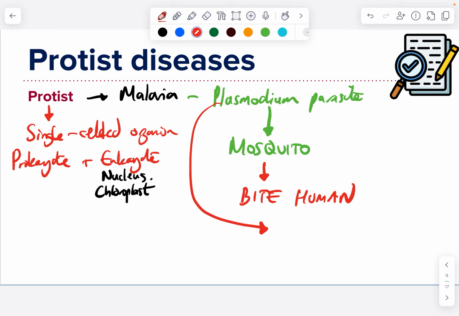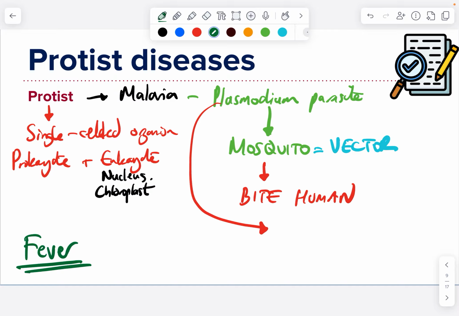So the mosquito in this case is acting as a vector, because it's transferring the Plasmodium from where it was before, so it could be the water, into the human. In terms of the effect it has on you, malaria can be fatal. It leads to very severe fevers, so it can be fatal if not treated.